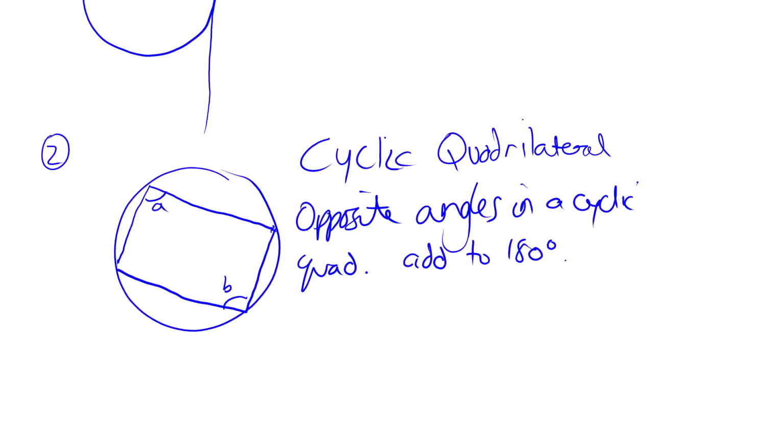So in this example, I'll put this in a different colour. A plus B is 180. And let's call these C and D. C plus D is 180 degrees. So this could be very useful if you get a question and you need to find different angles, but you can see that there is a cyclic quadrilateral there, then you can use this theorem.